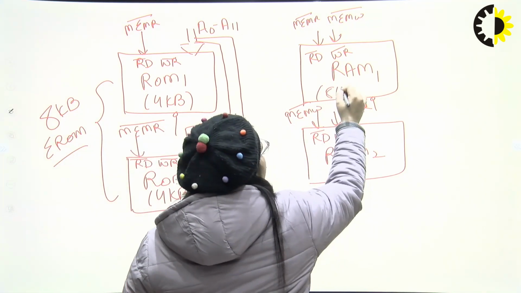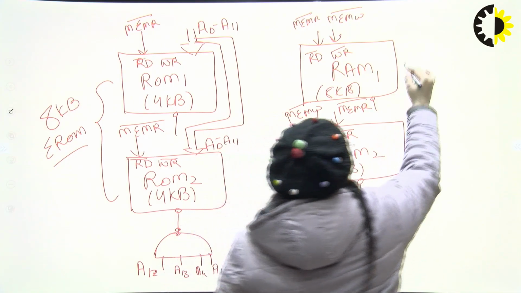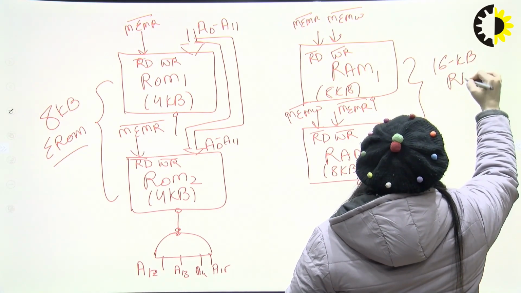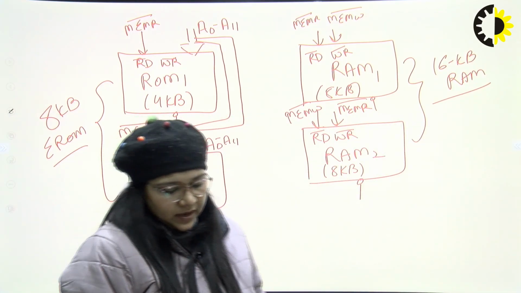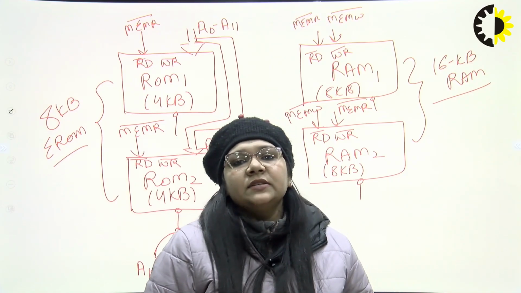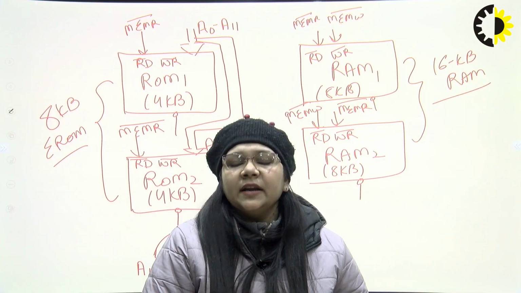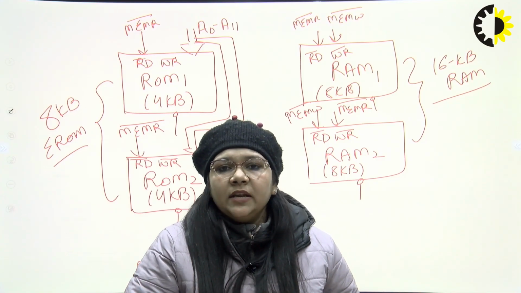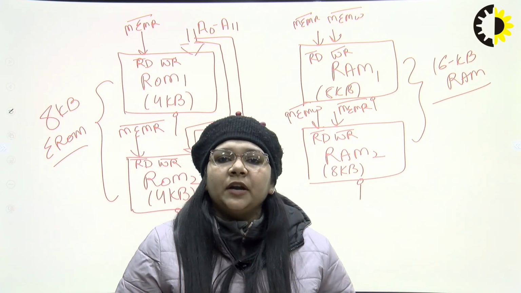The RAMs are individually 8 KB and 8 KB, and when I combine them they give 16 KB of RAM interfacing here. This is the memory chip value, and now the remaining address lines will give the input for the chip select. A NAND gate will be connected on the chip select's output, and all the remaining address lines will become the input for that particular NAND gate.